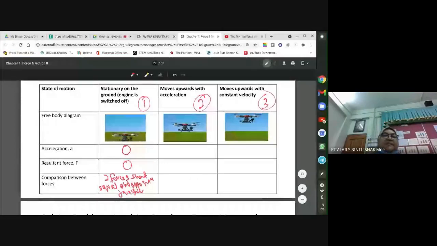Okay, so let's look at question diagram 2. For diagram 2, Jessamine, can you please tell me, is there any value for acceleration, or is the acceleration 0? If you have a problem with your speaker, you can write your answer in the chat.